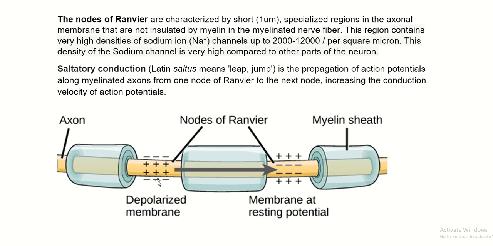So when an action potential is at the axon hillock, a large number of sodium channels open and a rapid action potential occurs, and this action potential usually spreads in a jumping fashion. This is known as saltatory conduction.